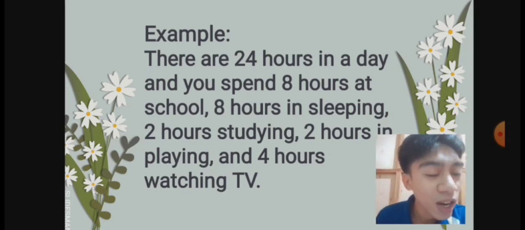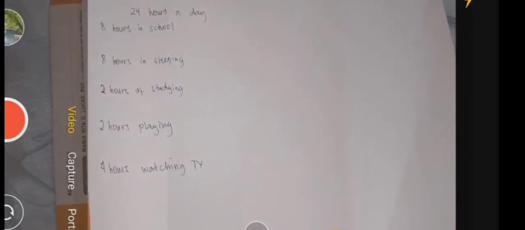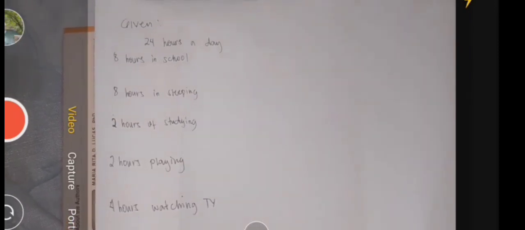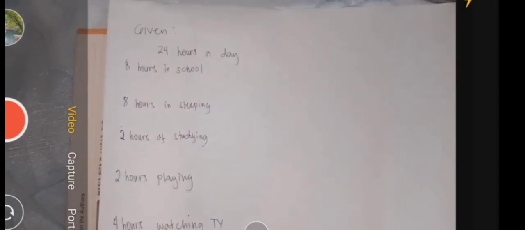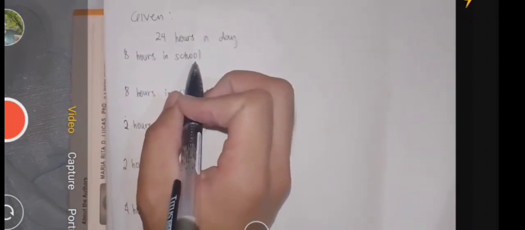So let us create a pie graph out of this given. So here is our given. Now let us analyze. There are 24 hours a day, and here we have 8 hours in school.